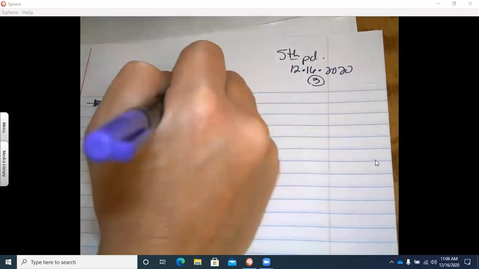So if the absolute value of a is greater than 1, then we say the sine curve is a vertical stretch.